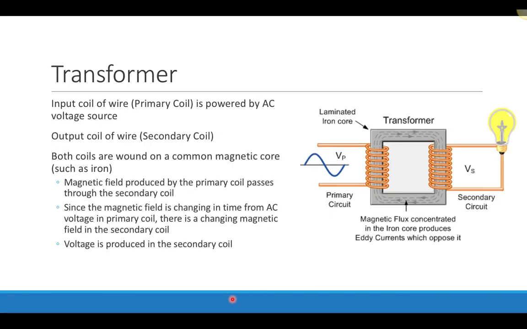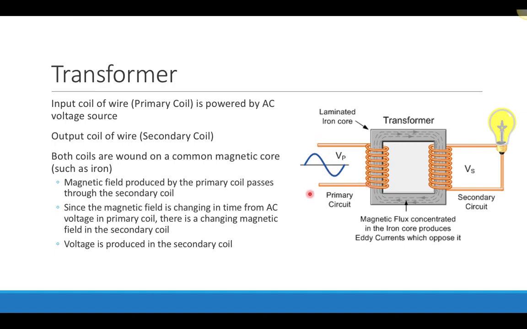So the basic concept of a transformer, and this is just one example of a transformer, is that you have an input coil, called the primary coil, and that's connected to AC. Here in my picture is this transformer, and on the left-hand side are these coils, called the primary circuit.